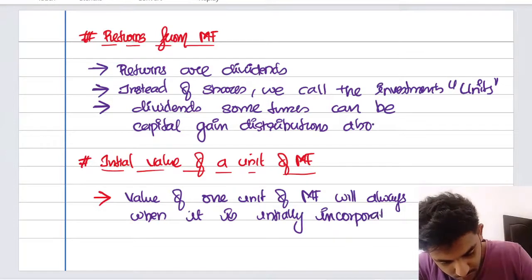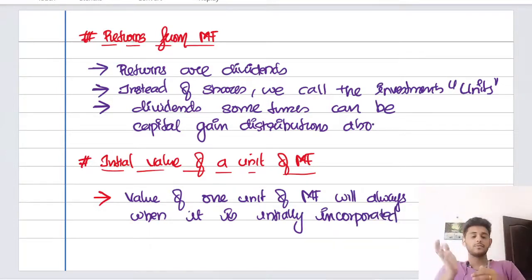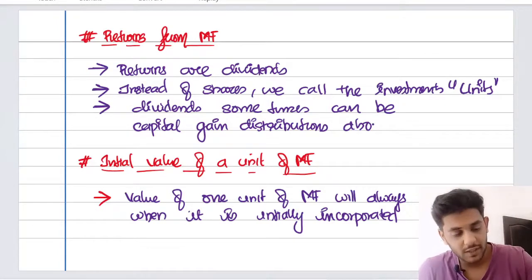So when a mutual fund is formed for the first time, the value of 1 unit will always be 10 rupees.